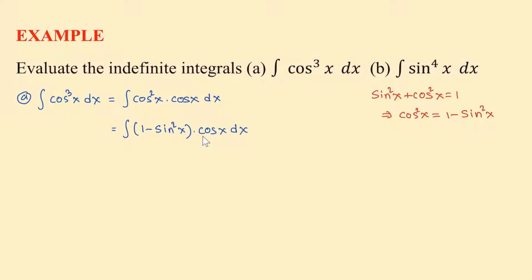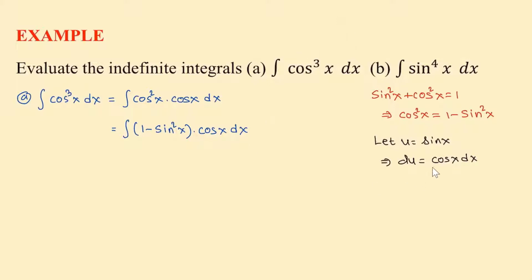So let u equal sine x. That means du will be equal to the derivative, which is cosine x dx. The derivative is du over dx, and when I move that dx to the other side, it will be cosine x dx. The derivative of sine x is cosine x.